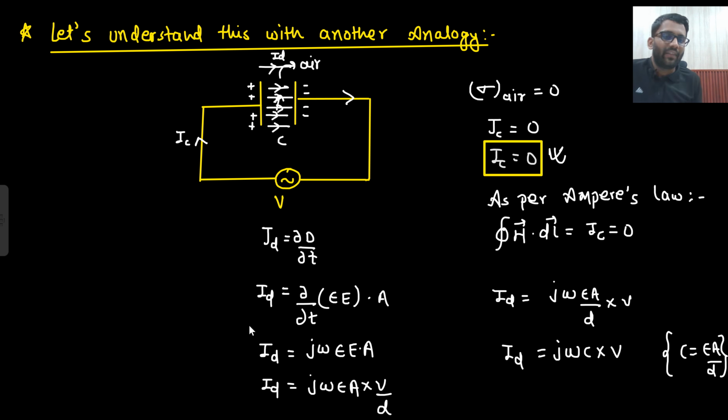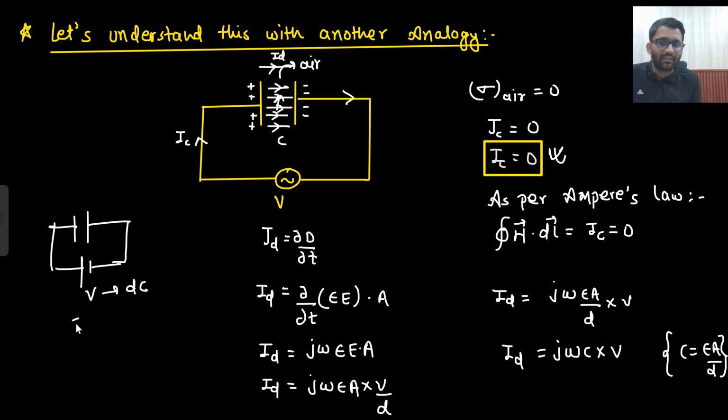Now some people will have a doubt that, sir, in that manner, if I connect a DC voltage source here, not time varying, let's just say 5 volt, then there should be 0 current through the capacitor, because 5 volt will be directly applied, right?